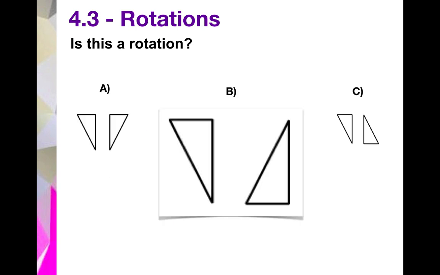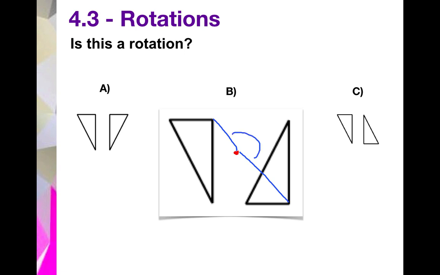Let's test this. In some ways, if we don't look at it too carefully, it could look like a rotation, but in fact it's not. We'll put a point here and say that this is the center of rotation. Then we're going to pick the before and the after points. So we have a before point here, and we have an after point here, and then we have our angle.